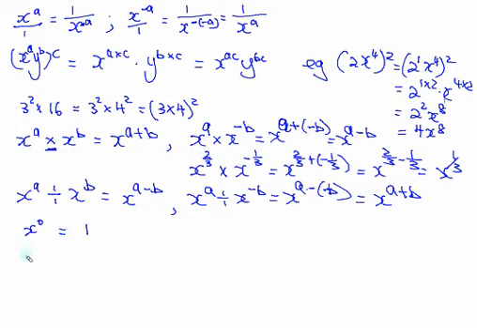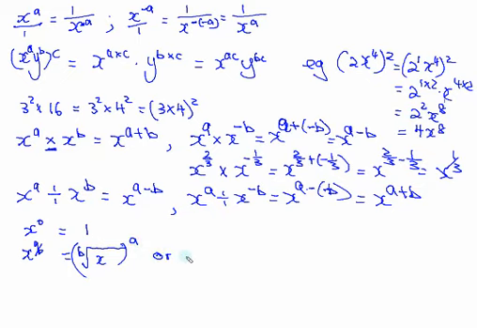Now, another one is x^(a/b), where the power is a fraction. This can be converted into, the denominator is the b, so the root is the b-th root. And then outside of the b-th root, you put a bracket to indicate the power is a.